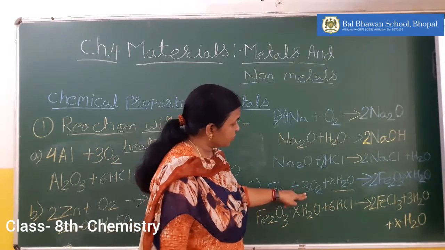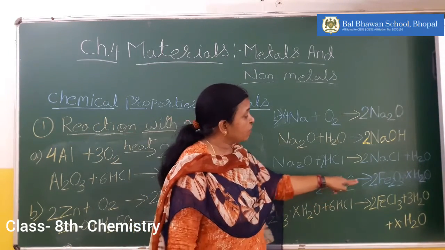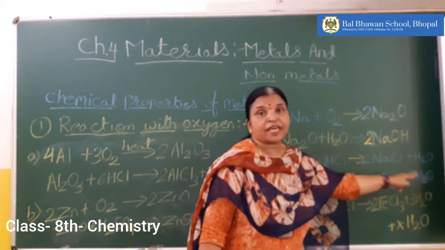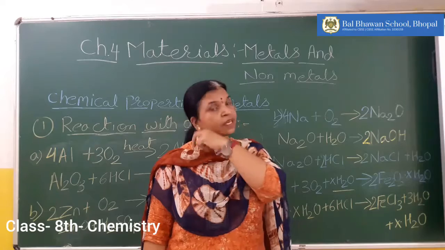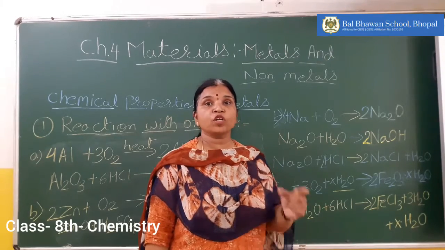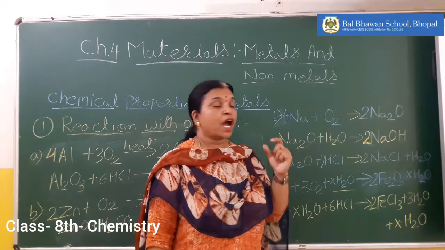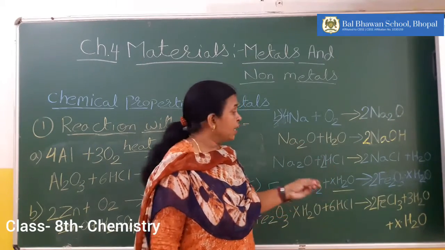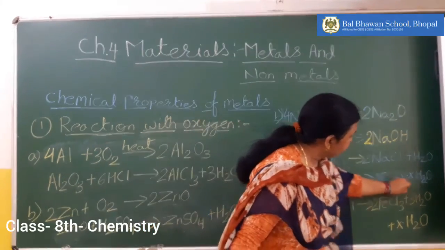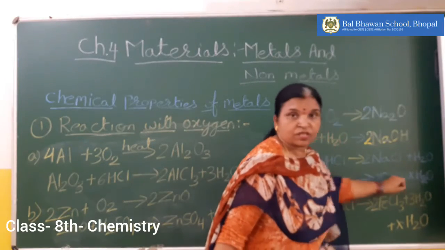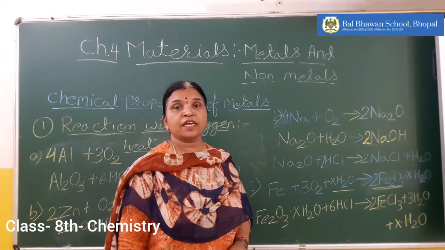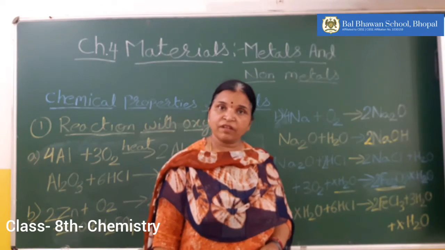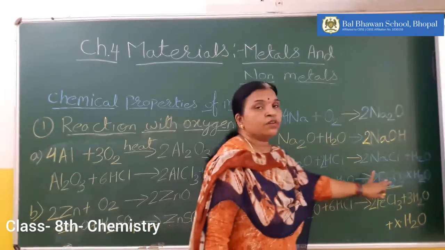Iron plus oxygen plus water will give you iron oxide dot XH2O. X is the number of molecules of water attached to the oxide. This oxide is nothing but rust. The brown flaky deposit we observe on the surface of iron is this iron oxide.